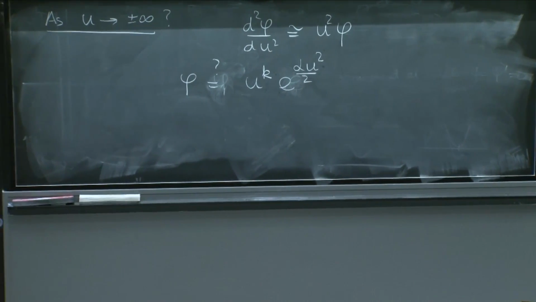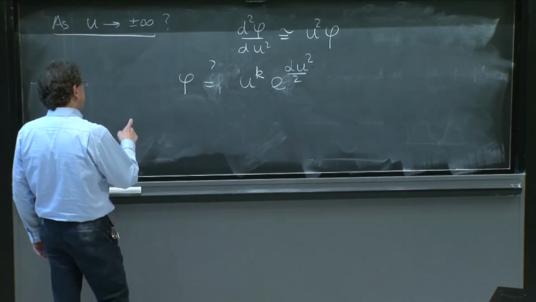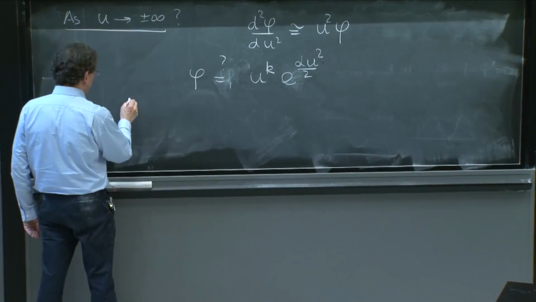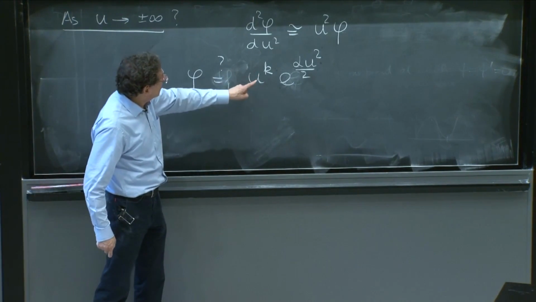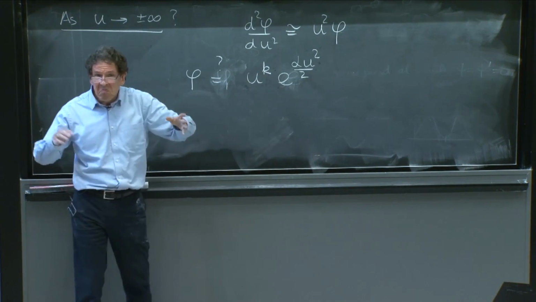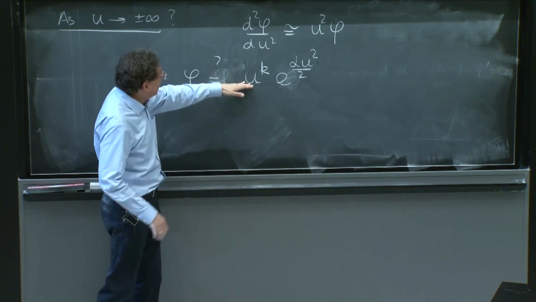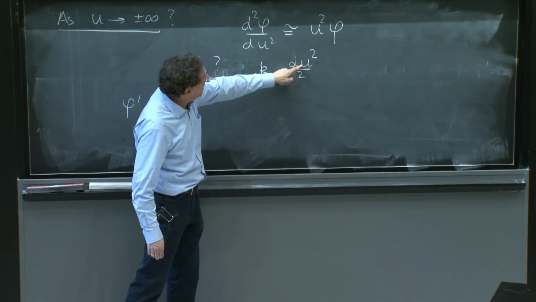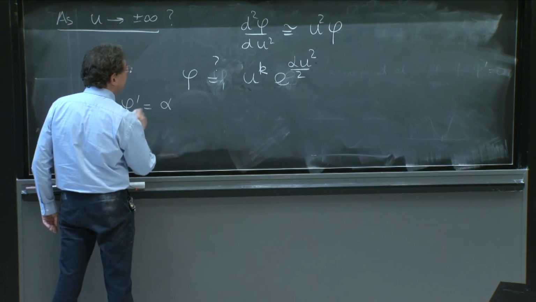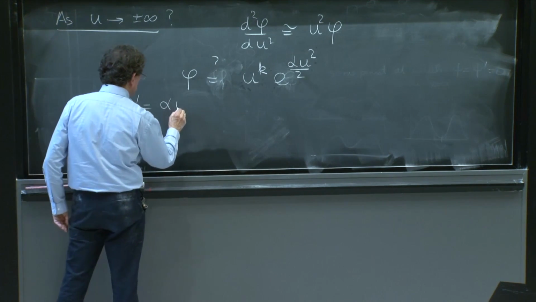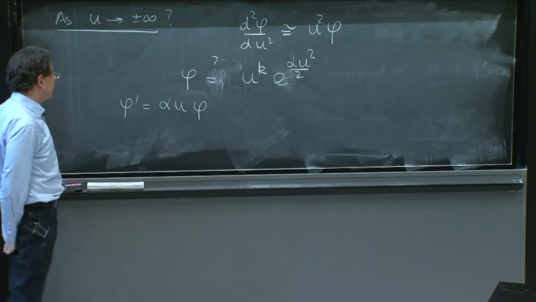A u to the k times e to the alpha u squared over 2. Well, if we take one derivative, if I differentiate the u to the k, I get u to the k minus 1. I lose powers of u. If I differentiate the exponential, I get alpha times u times the same function.